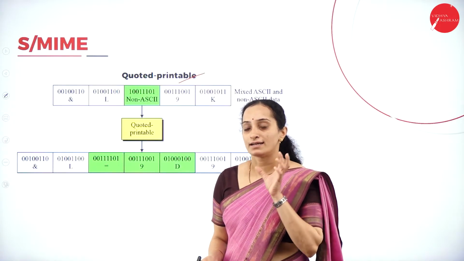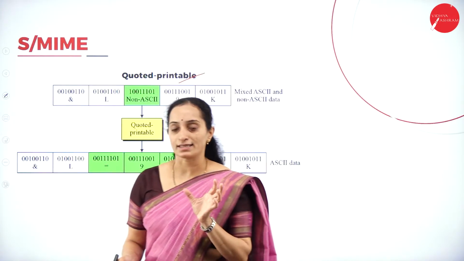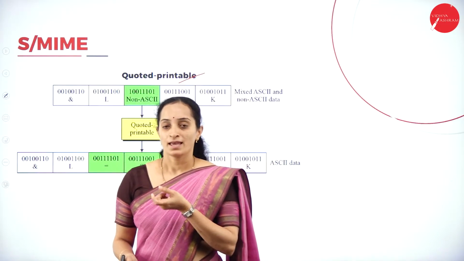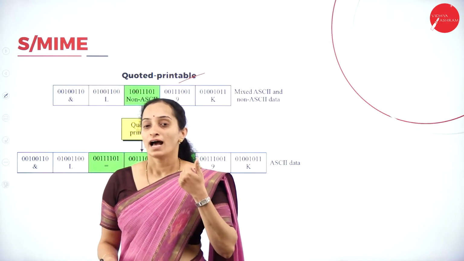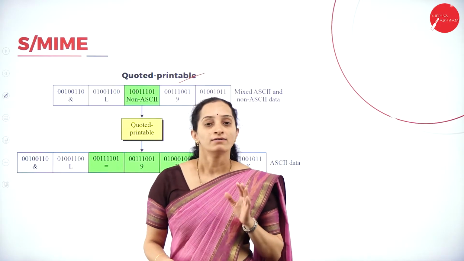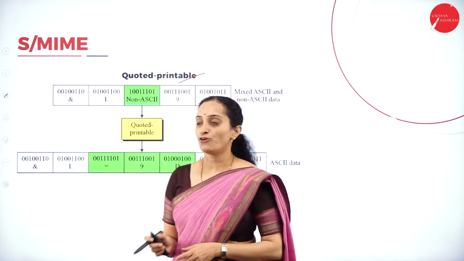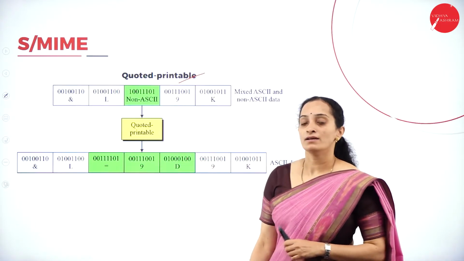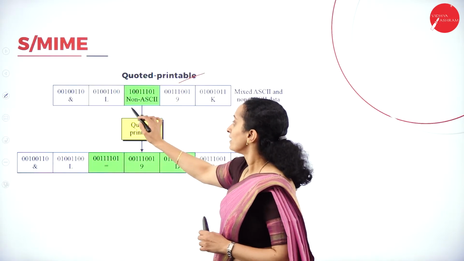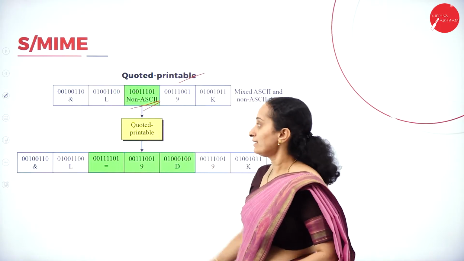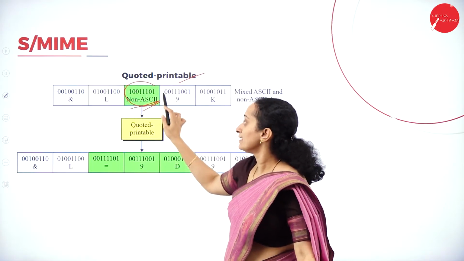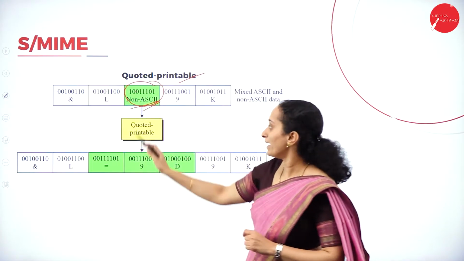When there is data which has most of the ASCII characters, and only few of the characters are non-ASCII, in such an application, instead of using a Radix 64 converter with an overhead, we can go for the quoted printable conversion of the non-ASCII form to the ASCII form. Here we have the format. These are all in the ASCII format, but only this is not in the ASCII format.